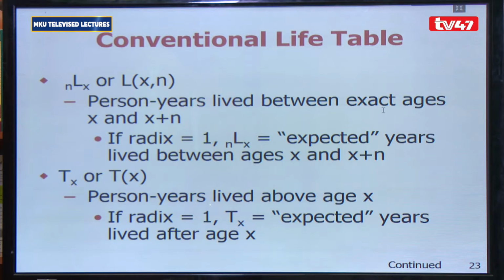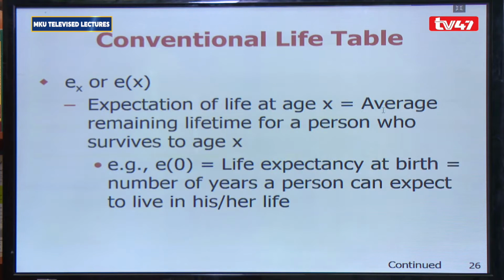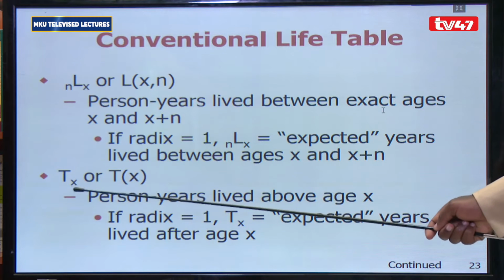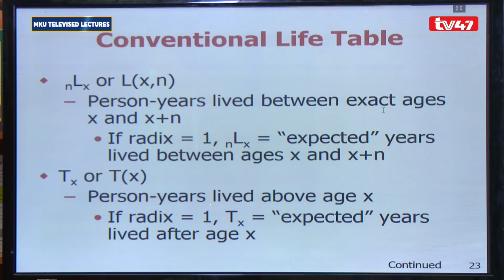Then we have nLx. This is person years lived between exact ages x and x plus n, or the expected years lived between x and x plus n. Then we have Tx, T subscript x, and note that here T is capital.